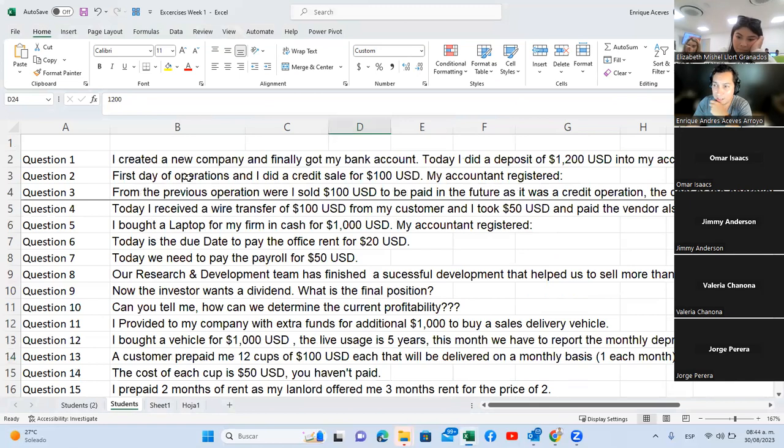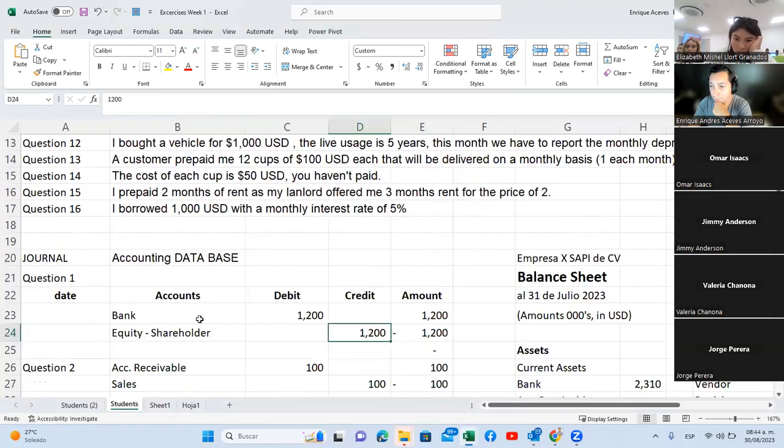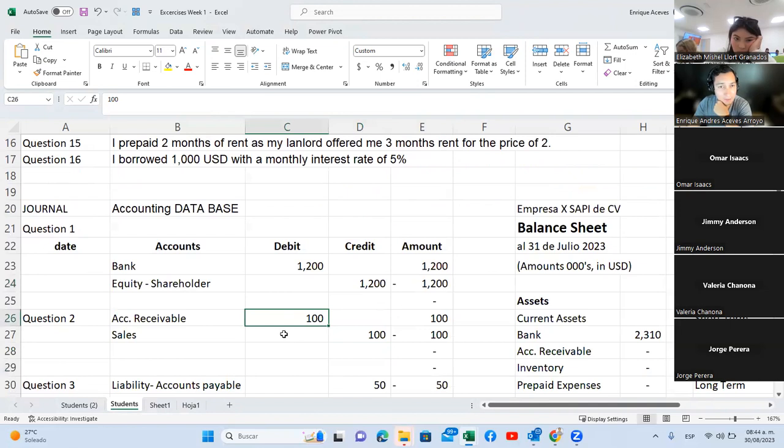Second question, I did an operation and I did a credit sale for $100. Credit sale for $100. Accounting register. Accounts receivable 100, well, asset 100. Accounts receivable, debit, and sales 100.